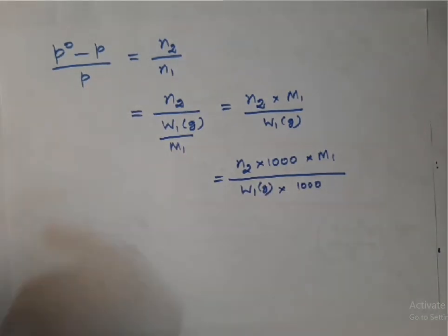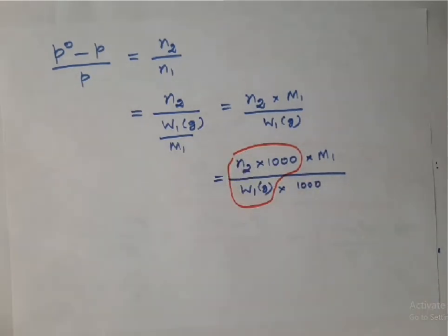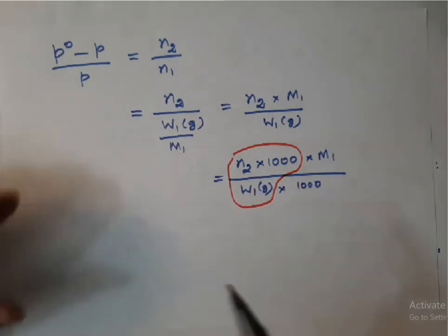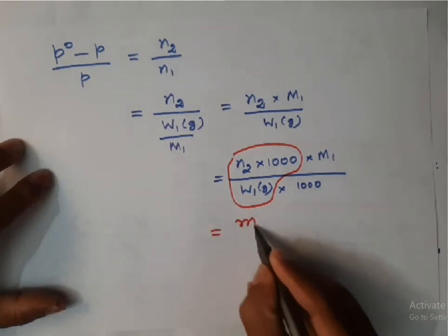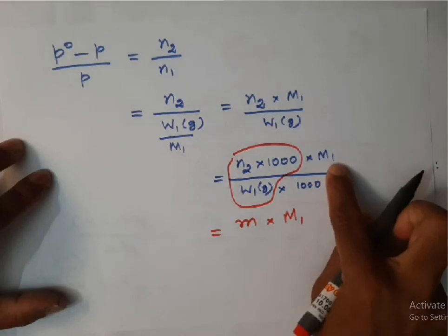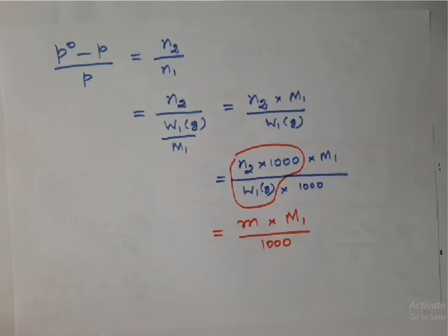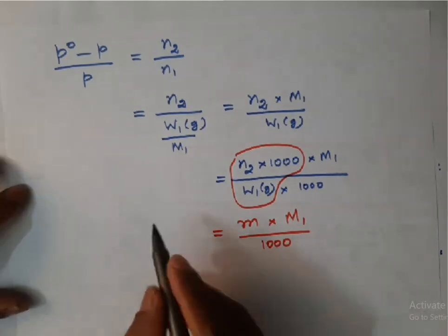Students, do you remember what this part indicates? N2 into 1000 by W1 in gram. Molality. Very good. It is nothing but molality of the solution. So this expression can be written as molality of the solution into molar mass of solvent, 1 means solvent, divided by 1000. Take note. This is very useful for solving problems.